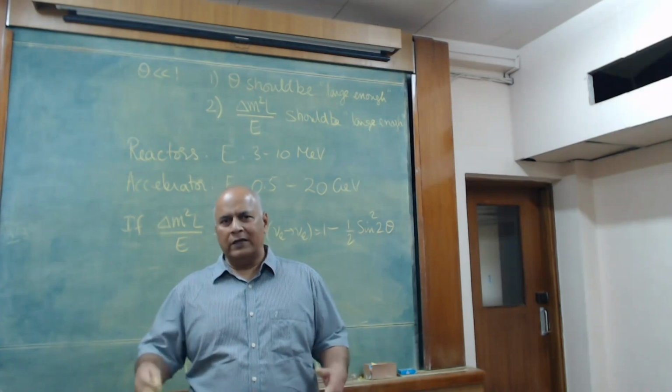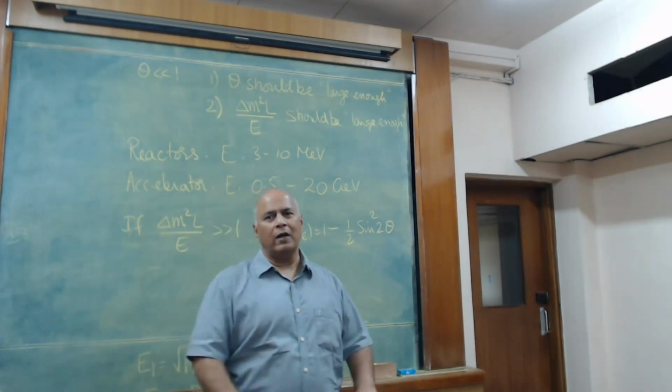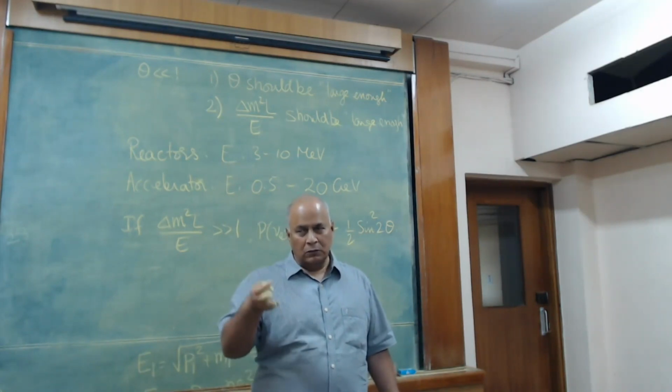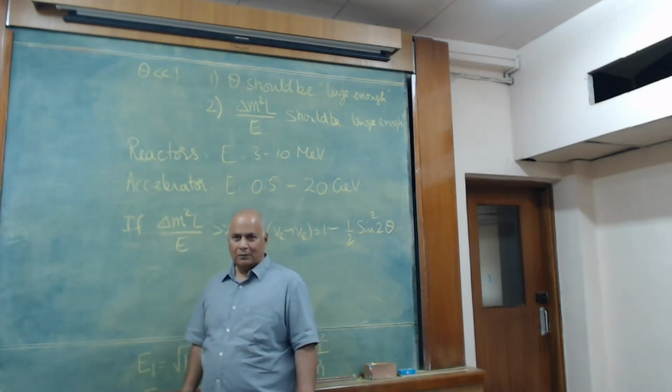But let's suppose they are looking for oscillations with delta m square of 1 eV square, which means this number, instead of being 1, is 300.